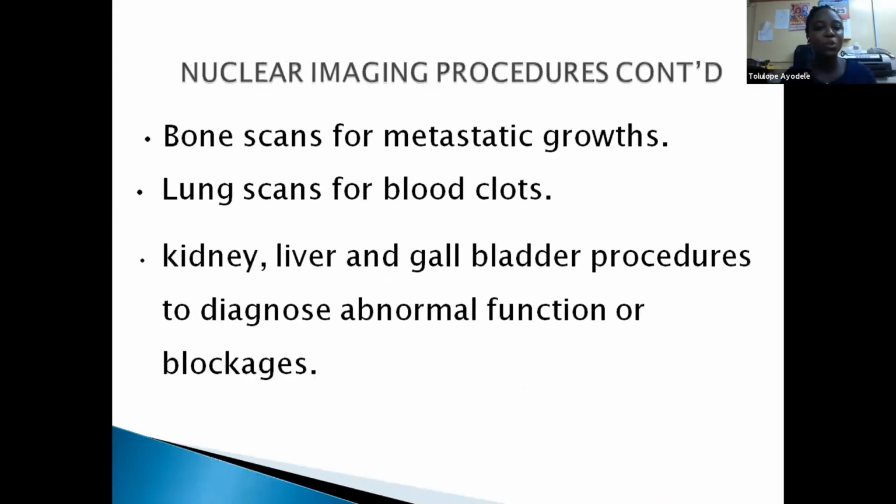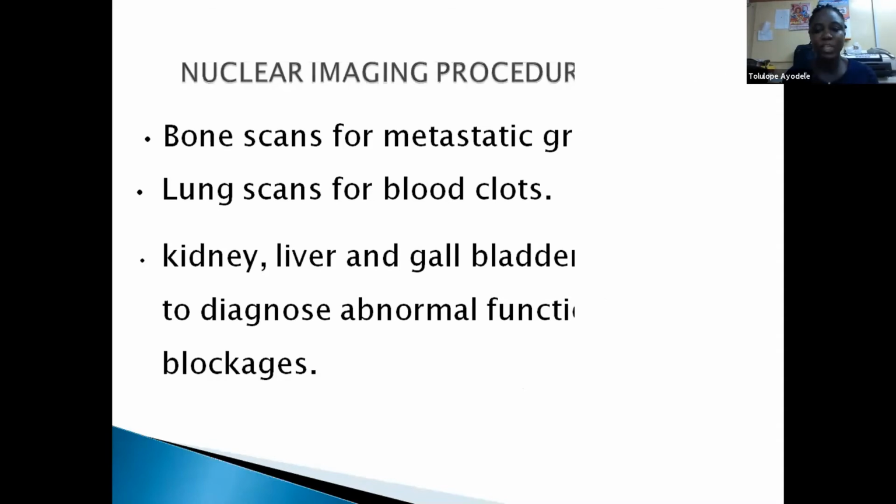Other examples include bone scan, whereby you could detect bone tumors and the extent of metastasis. With a lung scan, you could detect blood clots. And in the kidney, liver, or gallbladder, you could also detect abnormal functions or blockages.